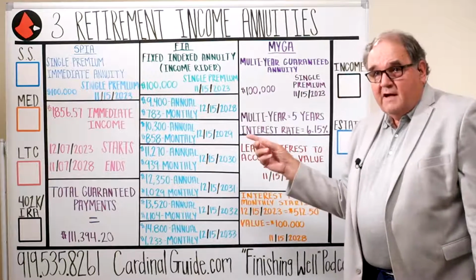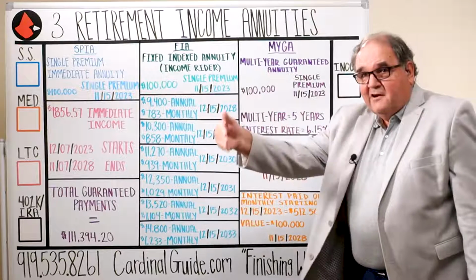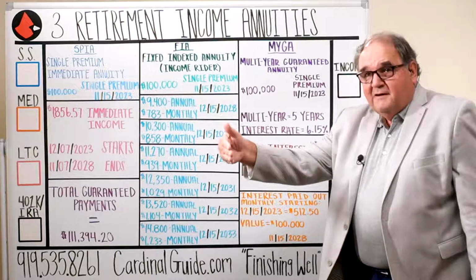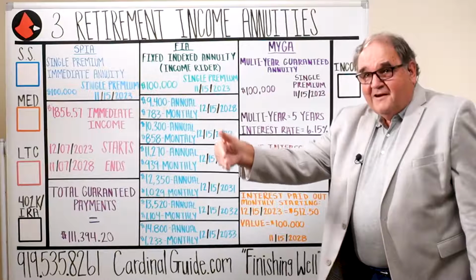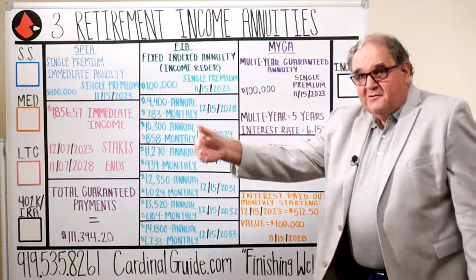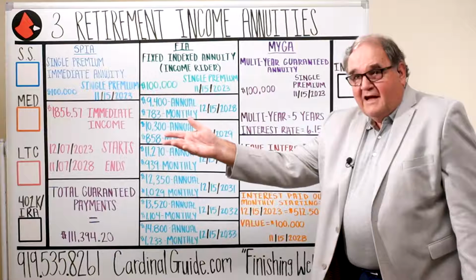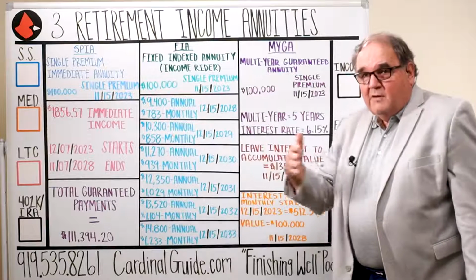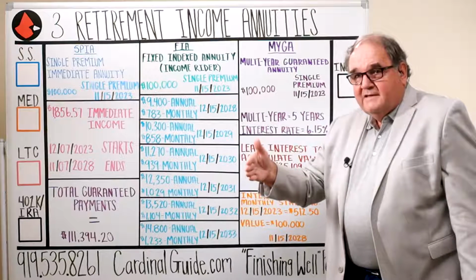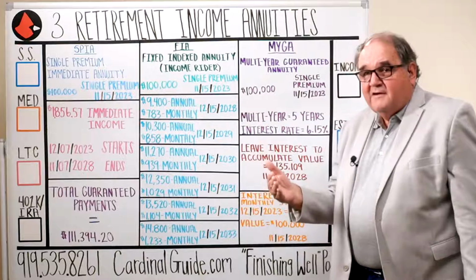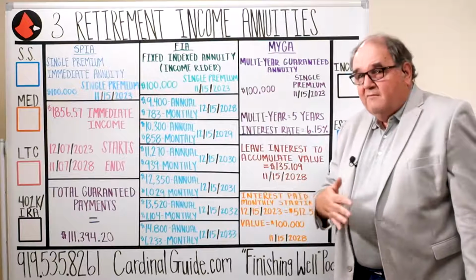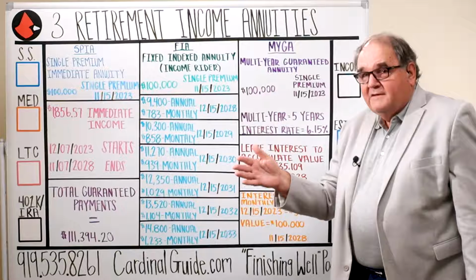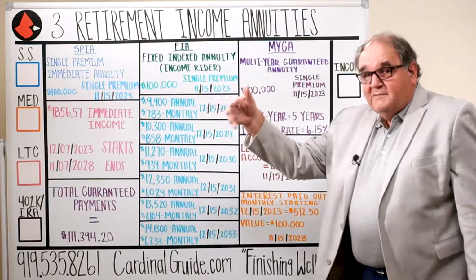Most of these that we write have that income rider. They have that guaranteed future income that'll start at a chosen point and then it'll go for the rest of their life. People will buy these in a series of accounts so they can turn the income on at different times, maybe leave one of them there for a long time and have a much higher income to account for inflation.